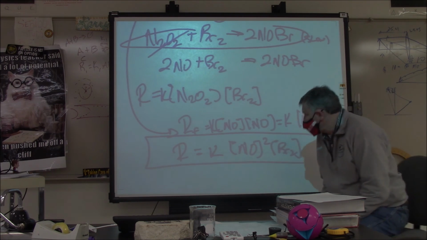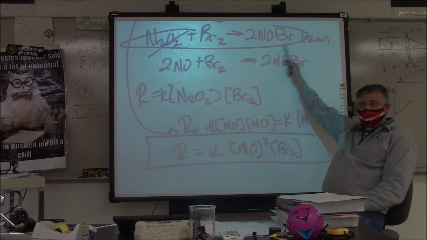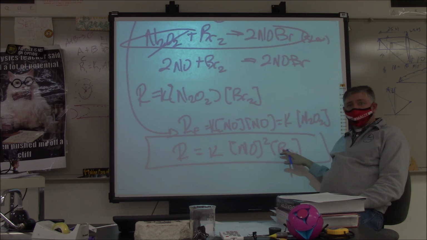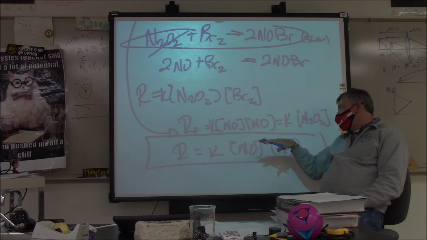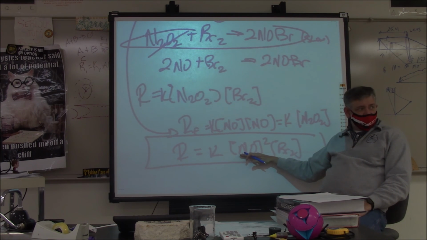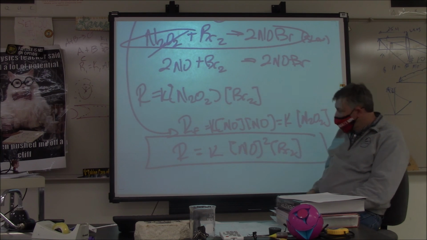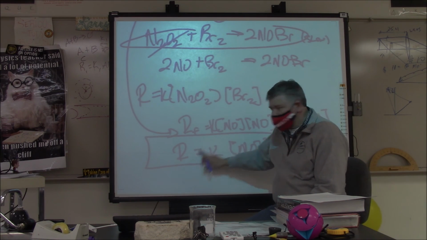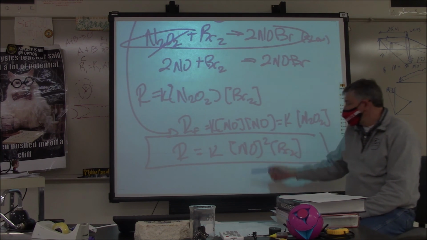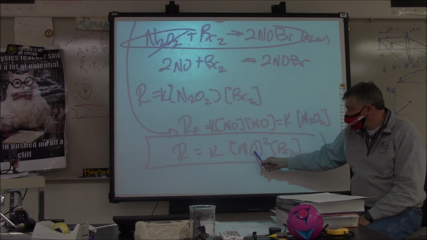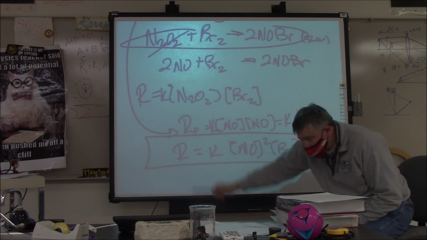So, what this mechanism allows us to do is, so this is my overall rate now. So, it's second order with respect to NO. It's first order with respect to Br2. Okay? And then I can figure out what that K value is. So if this was my rate, if I doubled my concentration of my NO, what would happen to my rate?